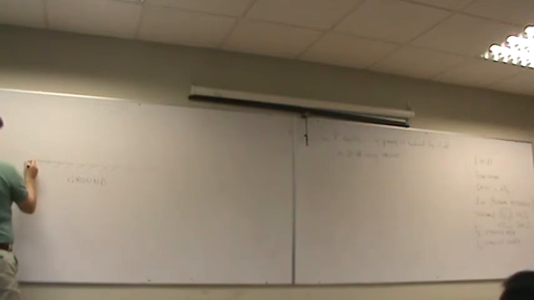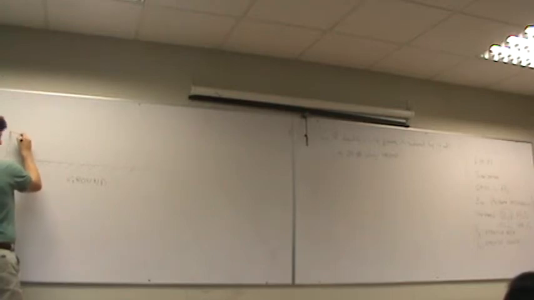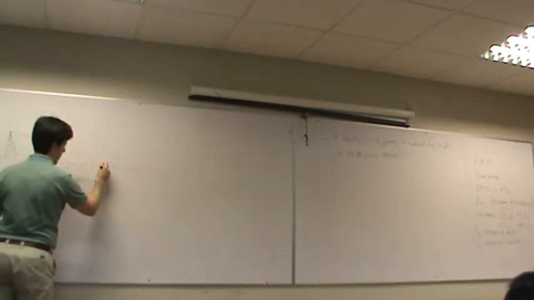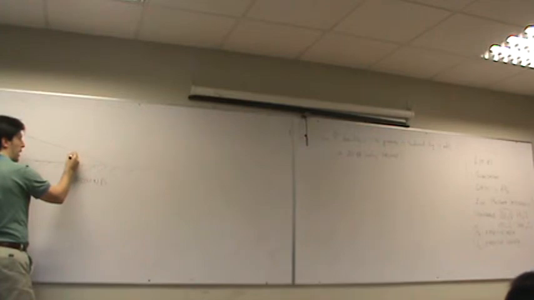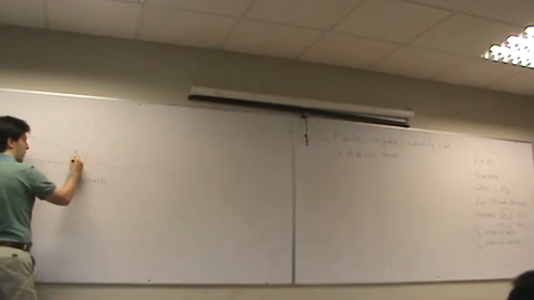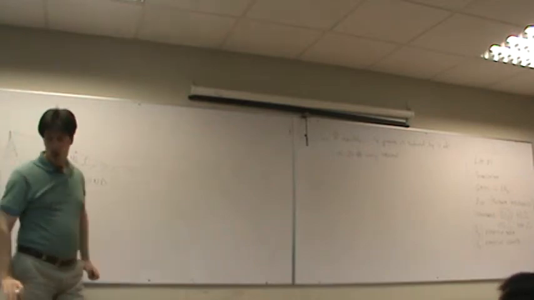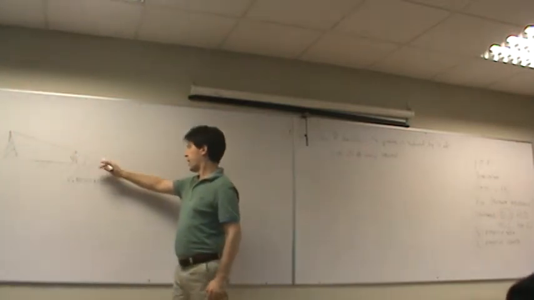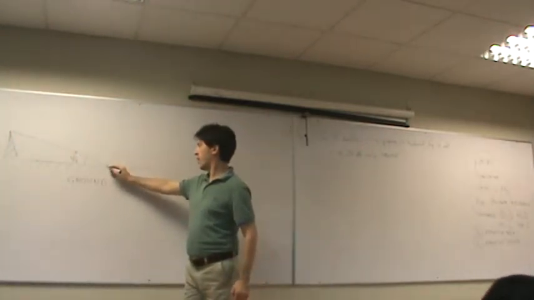So let's suppose that we have our transmitter here. There is an electromagnetic wave. An electromagnetic ray hits the ground in a given point.